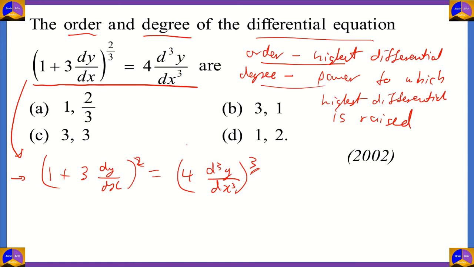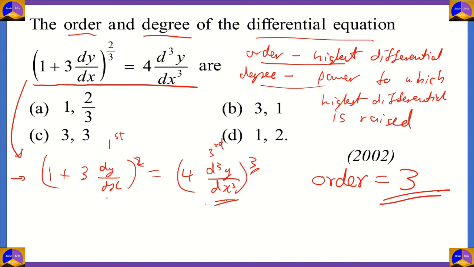Now over here, between dy by dx and d cubed y by dx cubed, d cubed y by dx cubed is the higher differential. This is the first differential, this is the third differential. So therefore the order here is equal to 3. Now the right hand side is written as 4 times the third differential the whole cube.